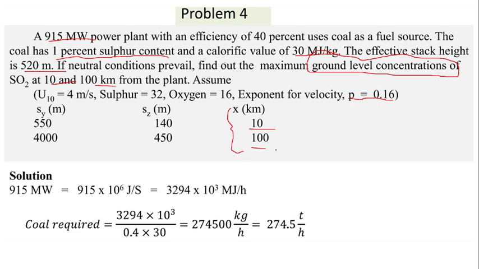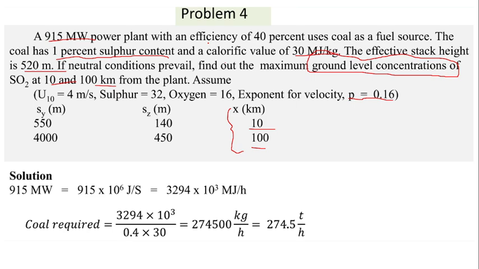So initially you need to calculate the amount of coal used, and in the amount of coal used, how much sulfur is present in the coal. That is what we need to calculate. So in the question, again I will read it one more time. A 950 megawatt power plant with an efficiency of 40% uses the coal as the fuel source.